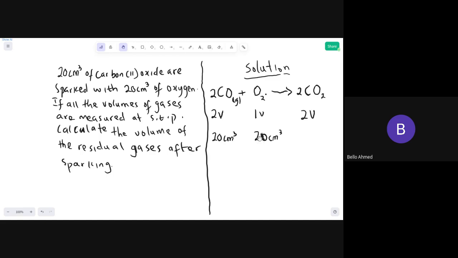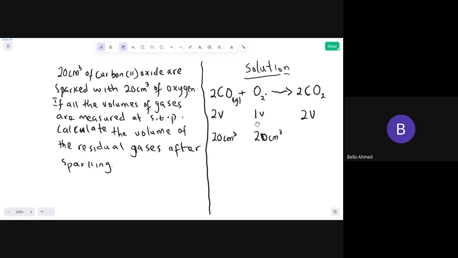So if you say that the 20 cm³ of oxygen here reacts totally, and don't forget, this 20 cm³ of oxygen, according to the balanced equation, is equivalent to 1 volume.